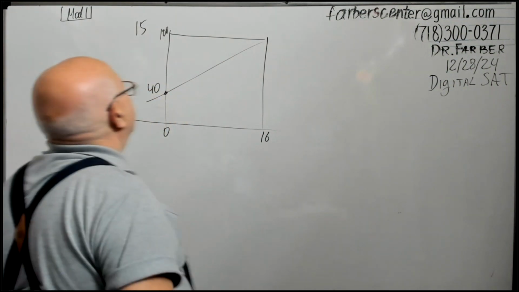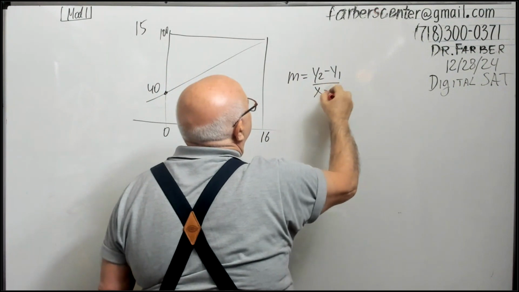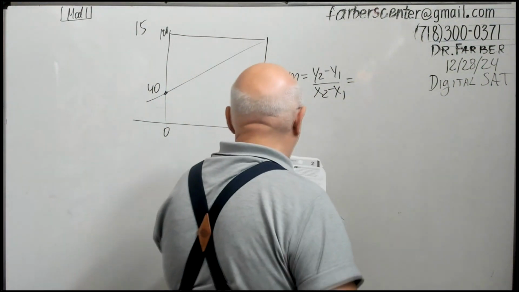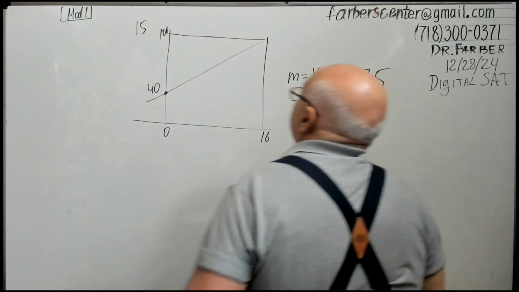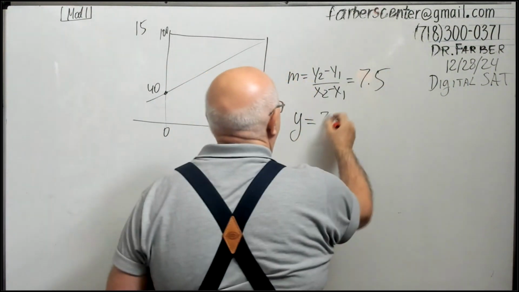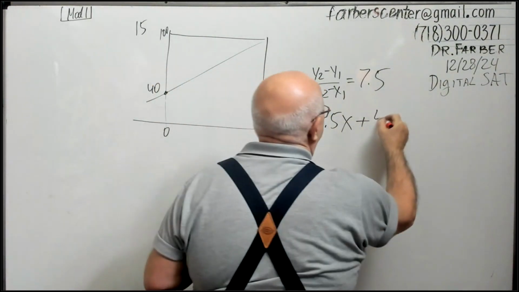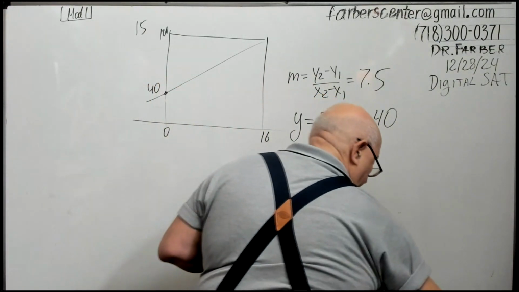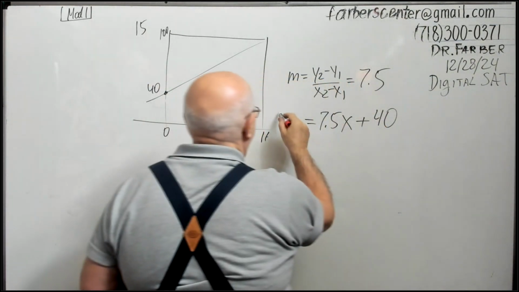And you can easily find the slope. Just plug in these coordinates like you did tons of times. I found the slope equals 7.5. And I can write the equation y equals 7.5x plus b, and b equals 40, the y-intercept. So that's my equation, or I can more specifically write y equals f of x, which is more convenient for this problem.